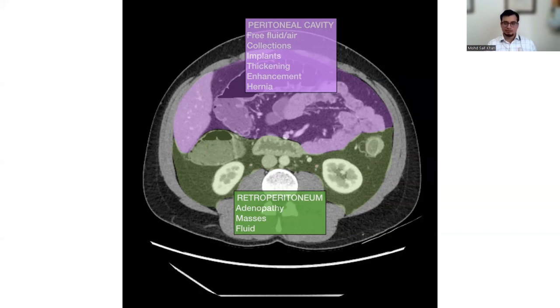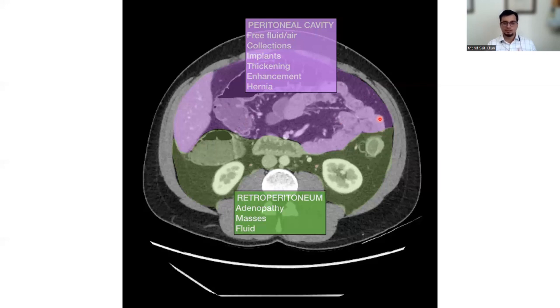And now you can very well see, anterior to the retroperitoneal structures, the whole peritoneum. The peritoneal cavity should be observed for any free air, that is a pneumoperitoneum, or collections, or sometimes there may be a drain or implant, or thickening of the peritoneum, or enhancement that is suggestive of peritonitis.